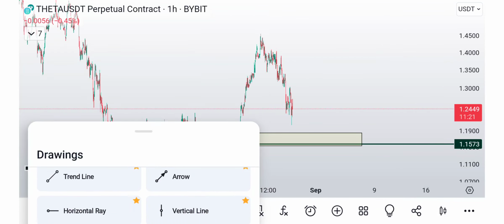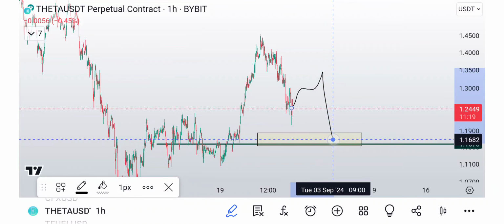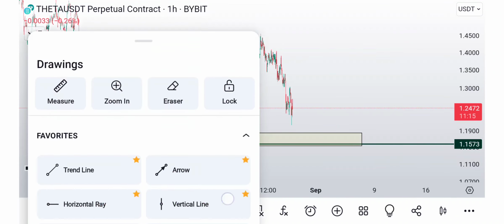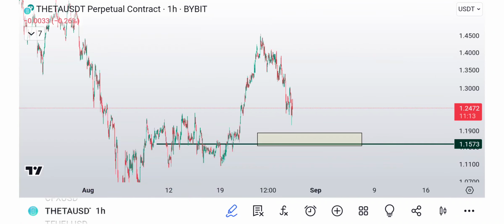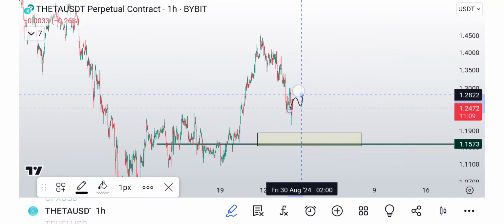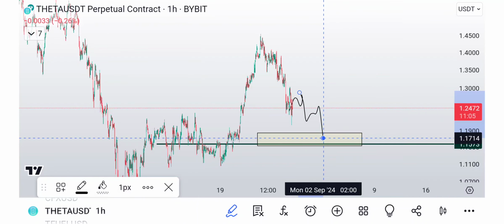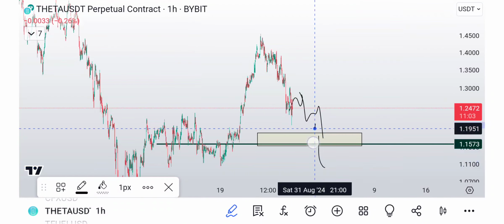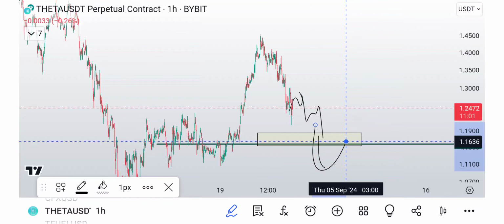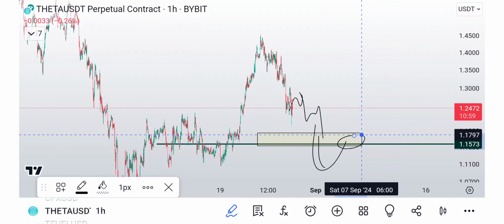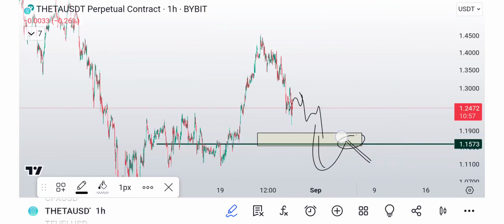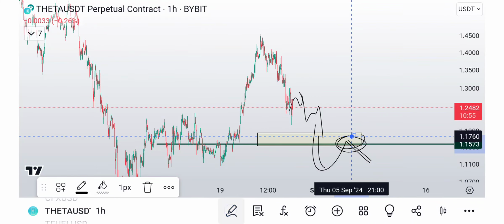If we break that, or if we continue to just pull up, reset, come down, pull up, reset, come down, and we get underneath it, then we want to get back above it, obviously. But if we get rejected, that would probably be a good time to get out.